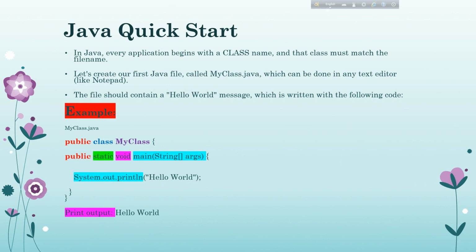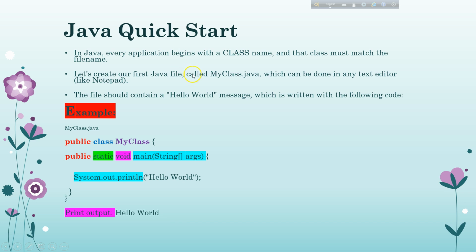Java Quick Start. In Java, every application begins with a class name. What is a class? A class is nothing but a template, a blueprint, a design based on which we create the object. And that class must match the file name.